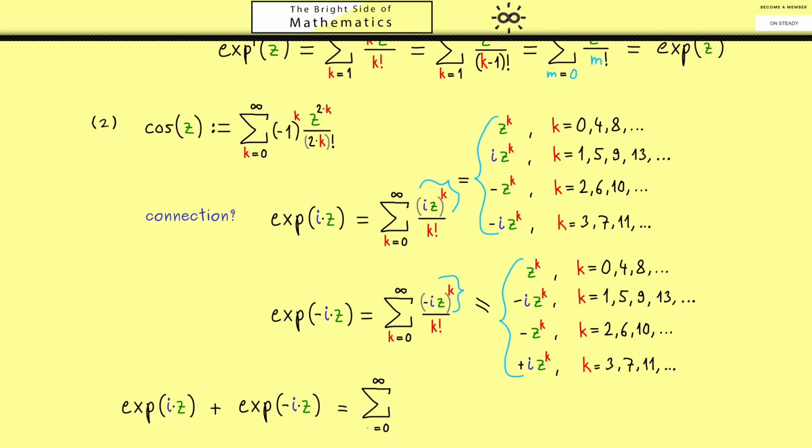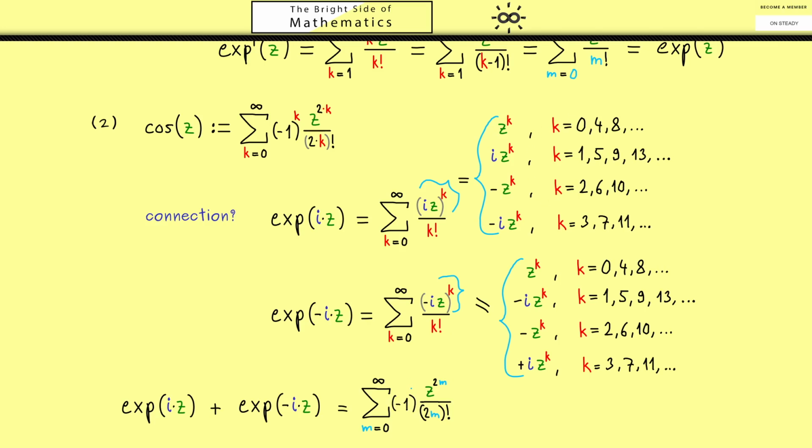Okay, maybe to make the whole thing here clearer, let's use the index m again. Now, please recall, only the even powers are involved, so our exponent is 2 times m, and in the denominator we have 2m factorial. However, please be careful, we also have a sign involved depending on which case we are.